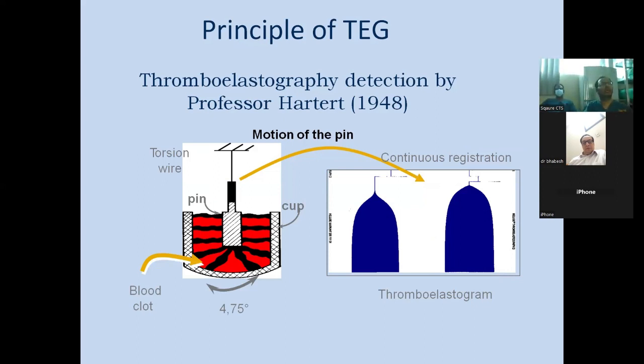What happens in thromboelastography? There is a pin and a container that contains the whole blood. As it goes into clotting and further activities, that gives a pressure to the pin, and this pin pressure produces a motion on the graphical surface, which is continuously registered in the computer.